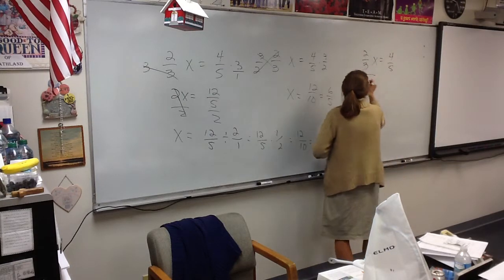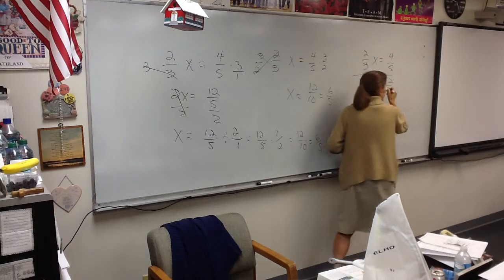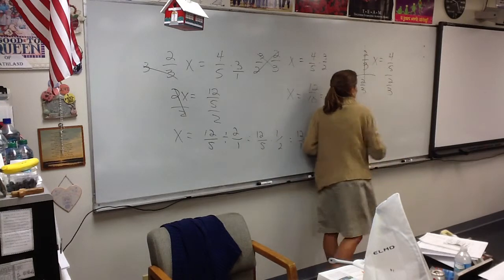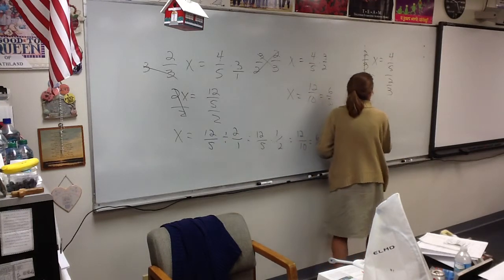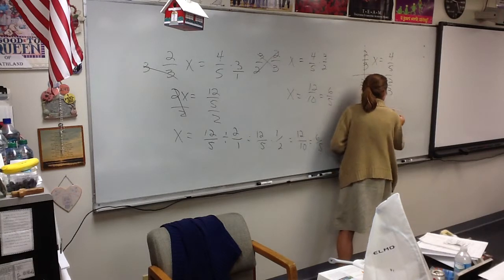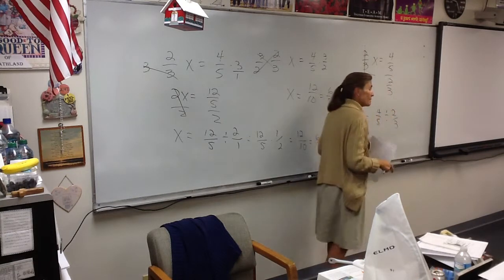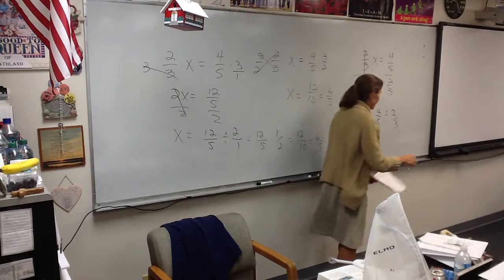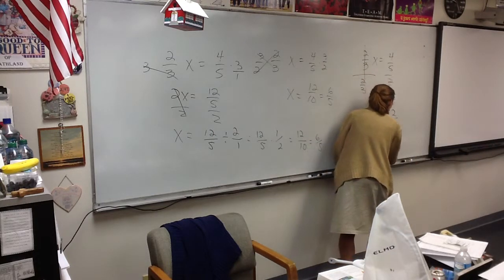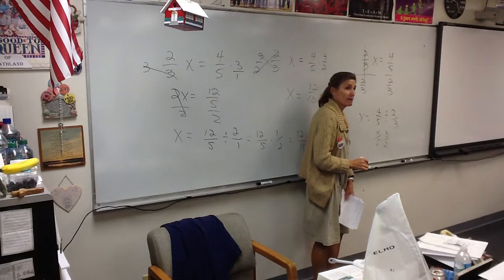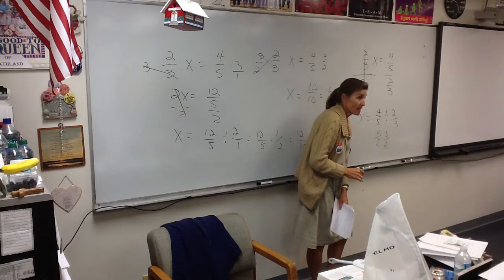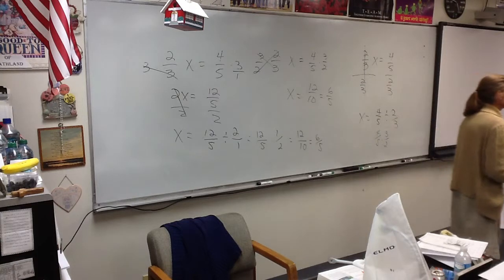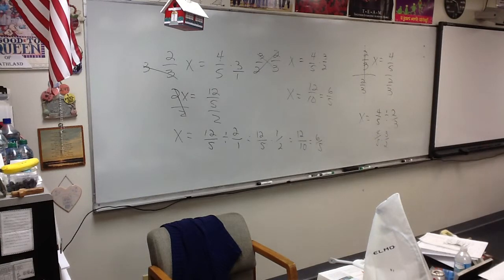I would divide both sides by 2/3. So I have 4/5 divided by 2/3. How do you divide by a fraction? You multiply by the reciprocal. Am I going to end up with the same answer? Yeah. So all those different ways to think about it will work. You just need to think about it whatever way makes sense to you.